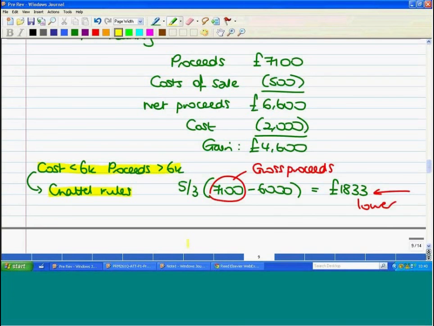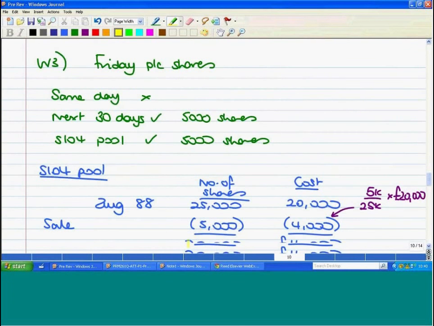Now the third disposal was more shares. It's always worth putting a little note there when you're making share disposals as to have you considered the same day, the next 30 days, and the Section 104 pool. So I've put a note there to show I have considered them. I meet 2 out of the 3, and then I've shown the split of which ones I'm disposing of from which of these areas.